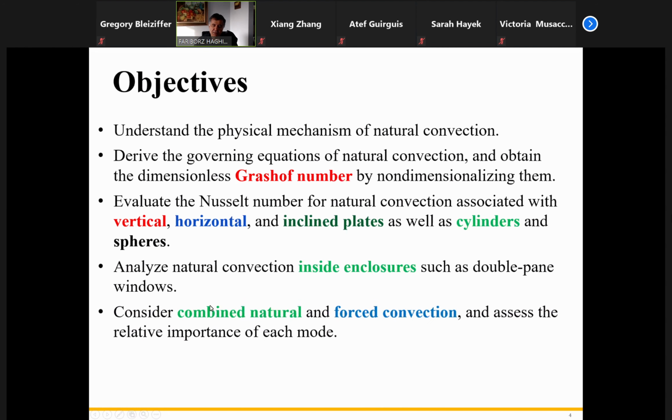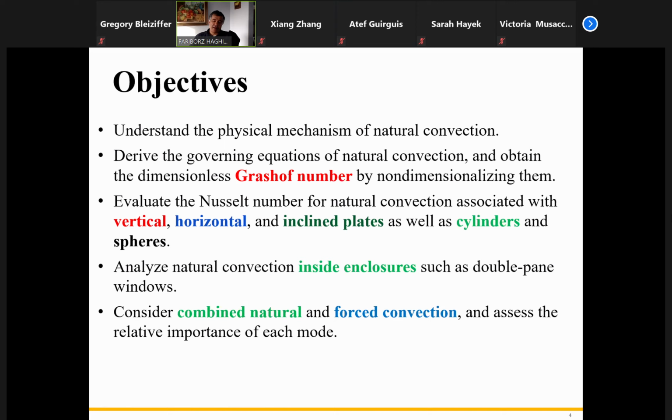And then sometimes we have wind, but also we have natural convection. I have to make a decision on which one is dominating. In some cases, both of them can play a crucial role.